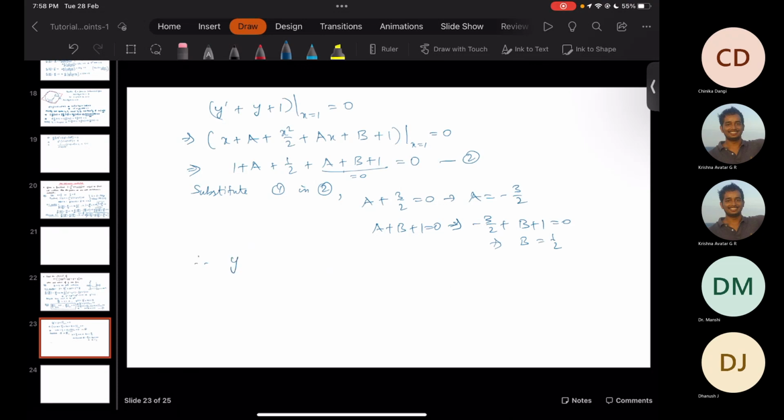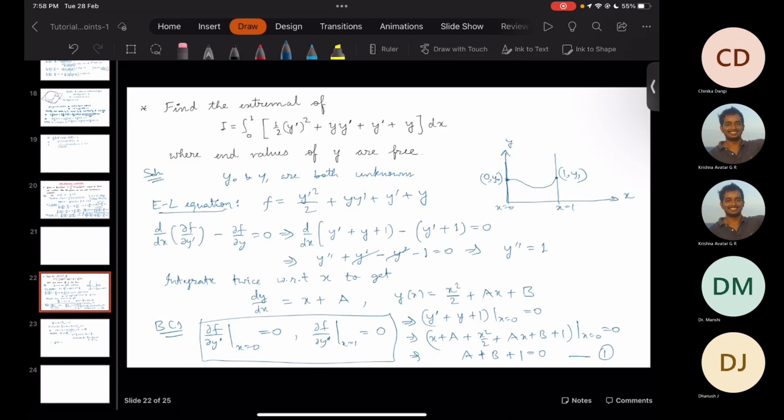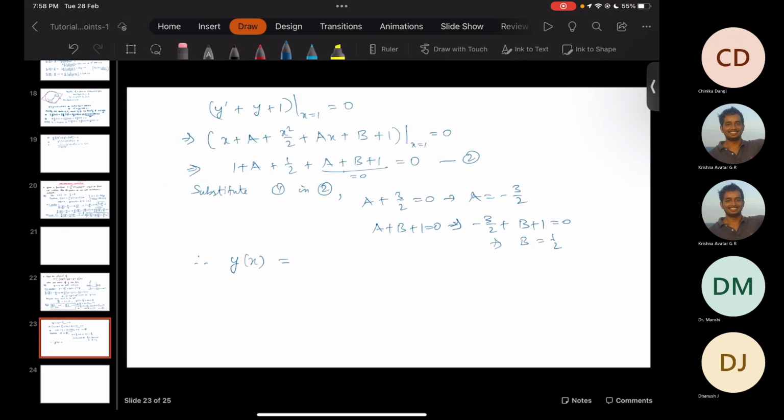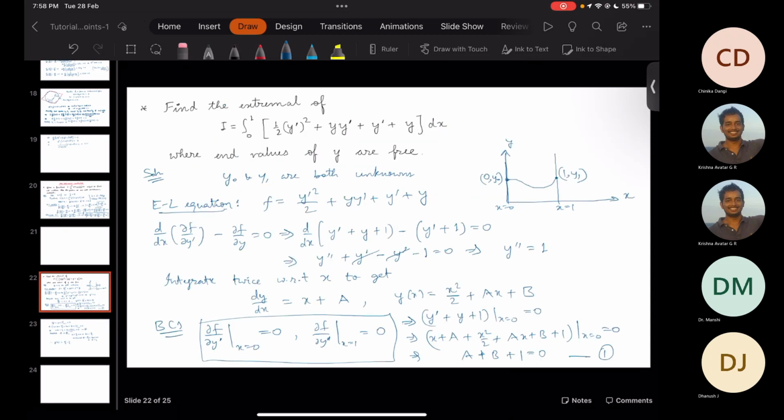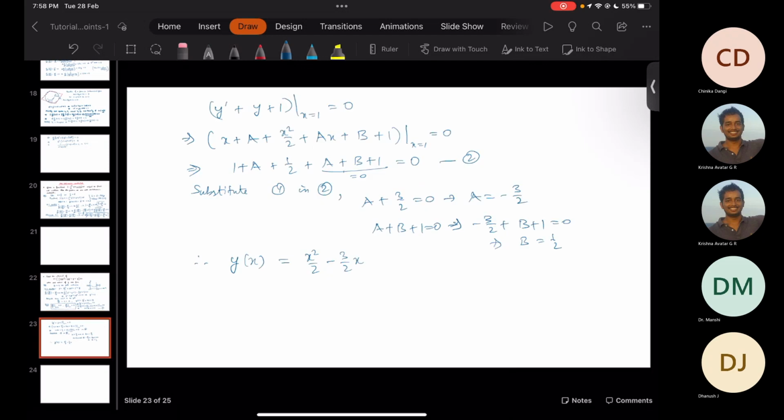So essentially our extremal for that functional is y of x is equal to x squared by 2 minus 3 by 2 x plus half, right? So this essentially solves the problem.